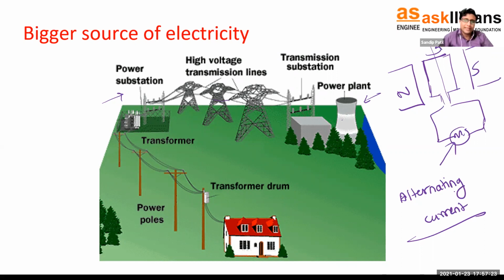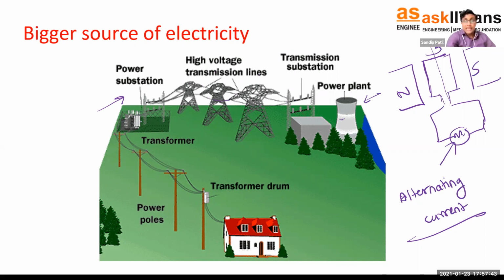Let's not go into the detail right now, but remember, the light we get from the power station is alternating current, which passes first through these high voltage transmission lines. Then there is a power substation, right? So from the power plant, it will reach the power substation via high voltage transmission lines, right?